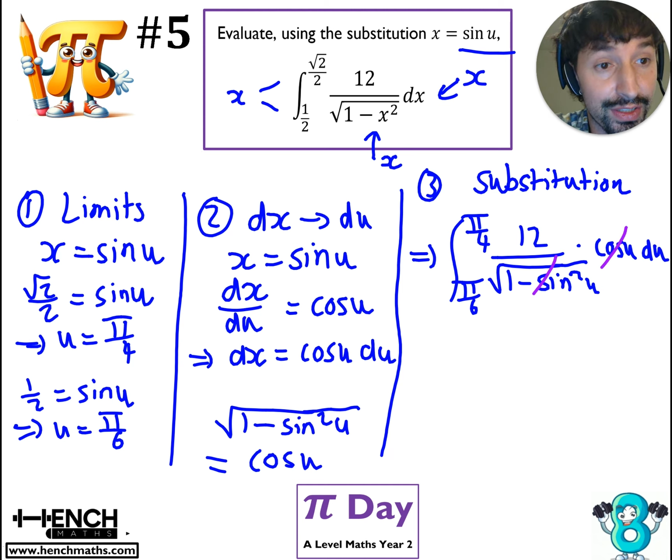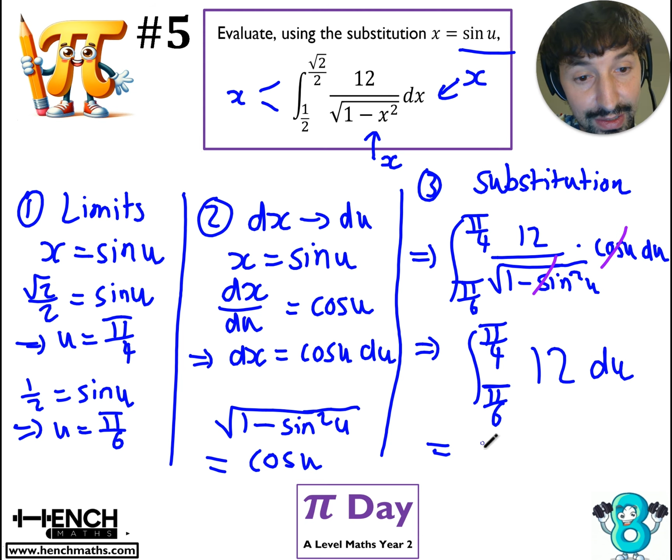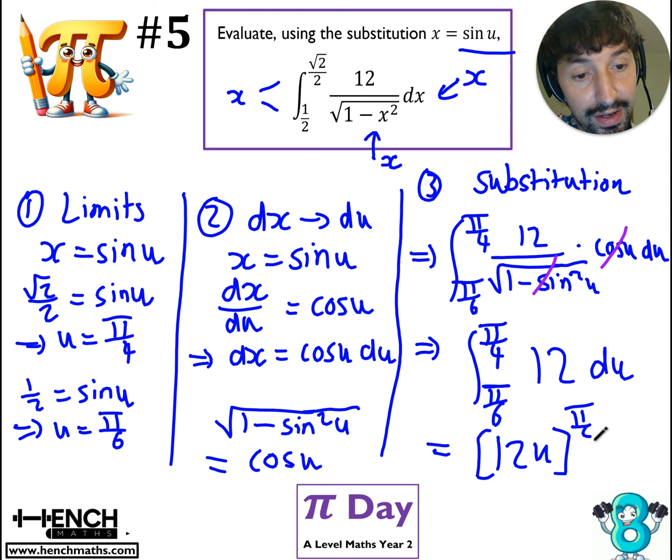And so our integral simplifies really nicely to the integral between our new limits. The cos u cancels out, so it's just 12. And 12 is really easy to integrate. 12 will just become 12u, and our limits are pi over 4 and pi over 6.